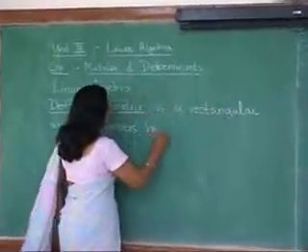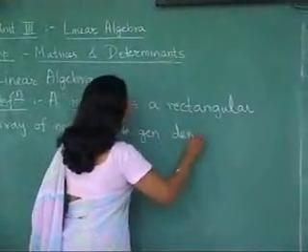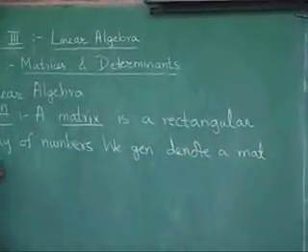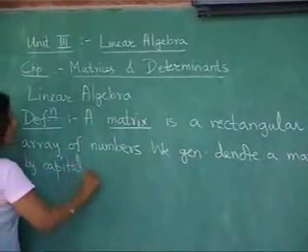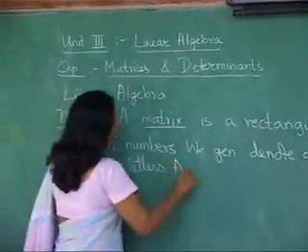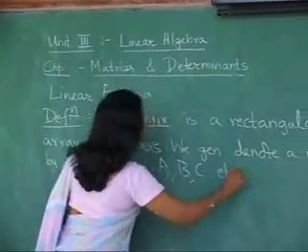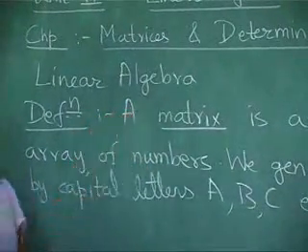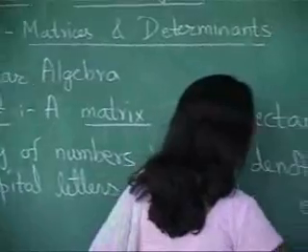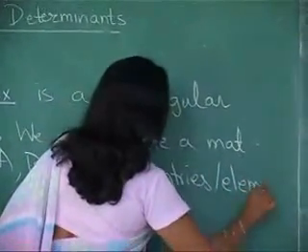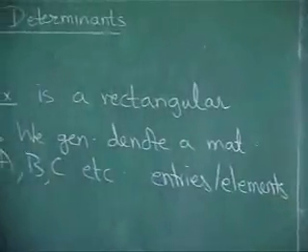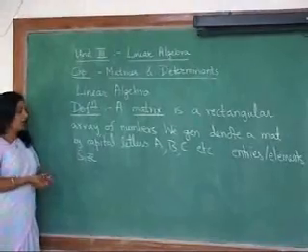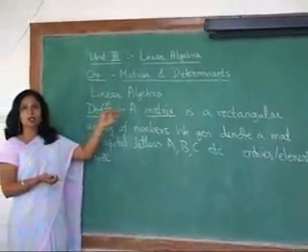We generally denote a matrix by capital letters A, B, C, etc. The elements in the array are called the entries or elements of the matrix, and the size of a matrix is described by specifying the number of rows and columns in a matrix.